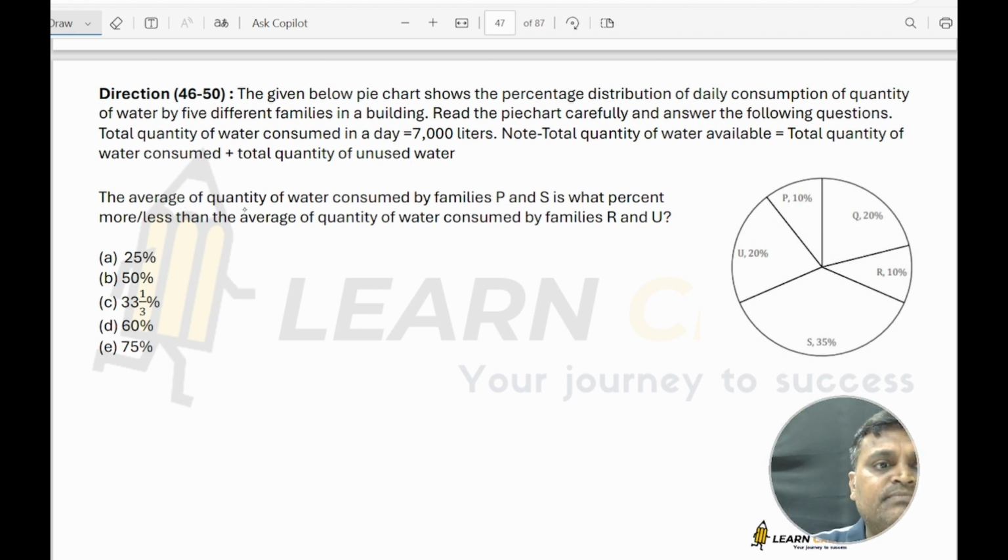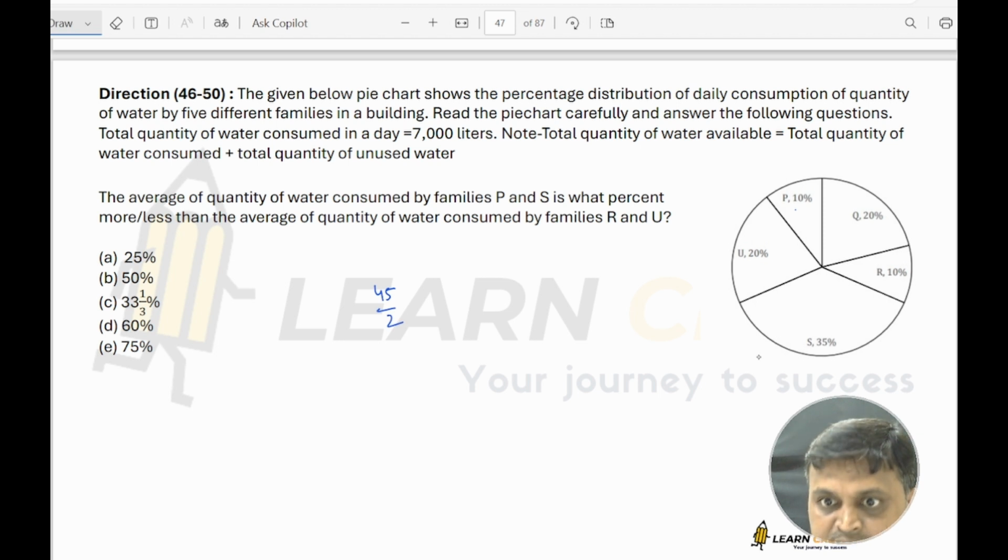Now the question is: the average quantity of water consumed by families P and S is what percentage more or less than the average quantity of water consumed by families R and U together. So the average of P and S: 10 plus 35 is 45, by 2.